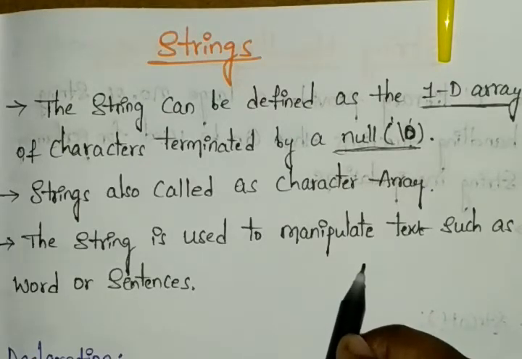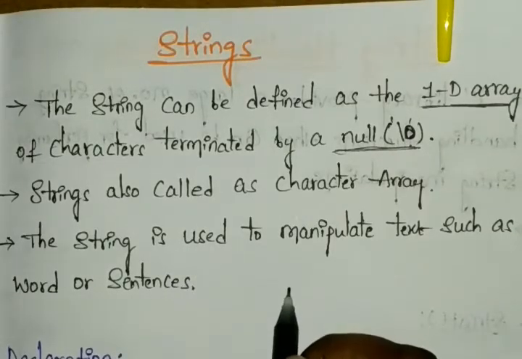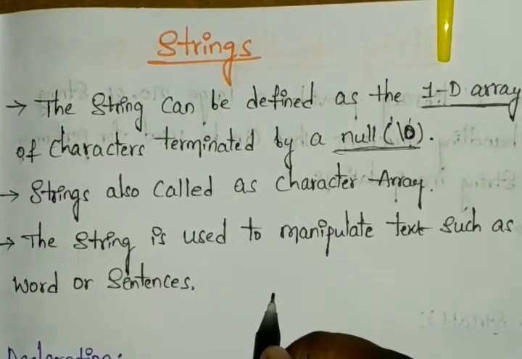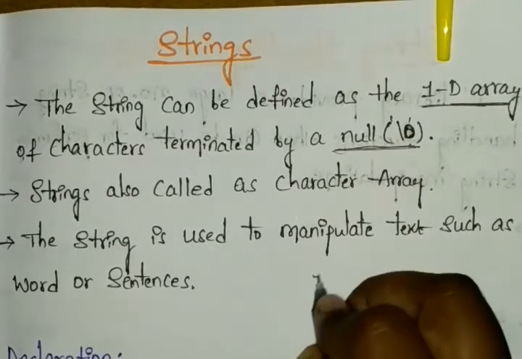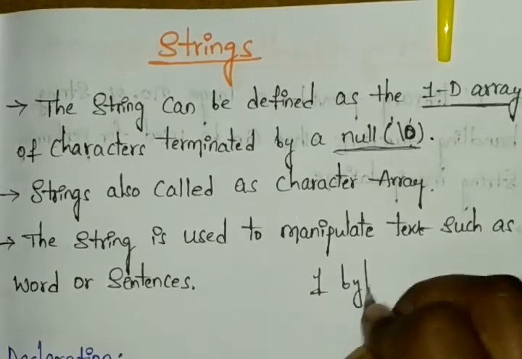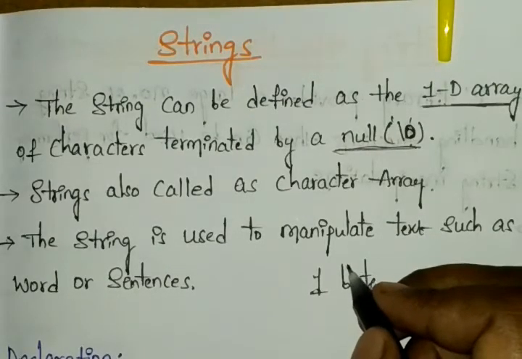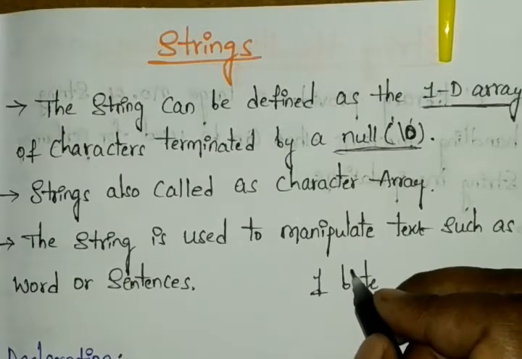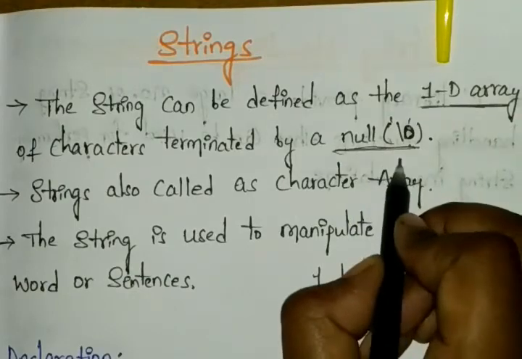Once you assign any character into the array, it occupies only 1 byte of memory. So the last character must always be \0, terminating the string.